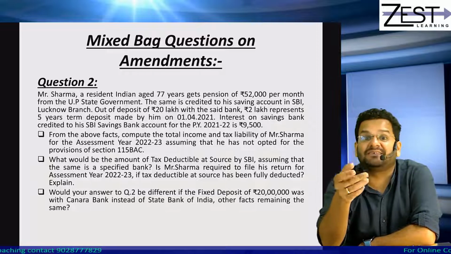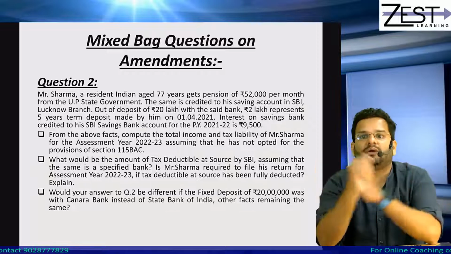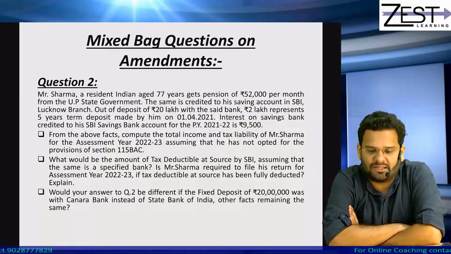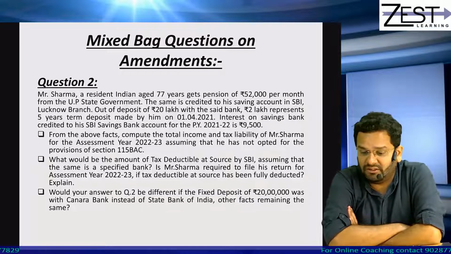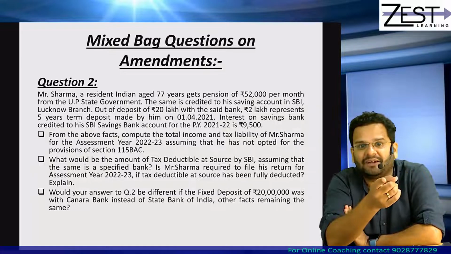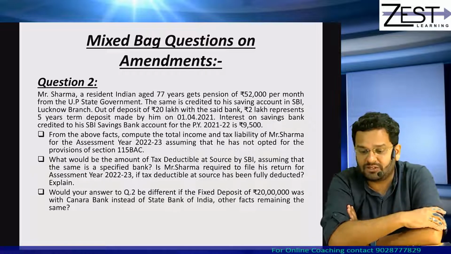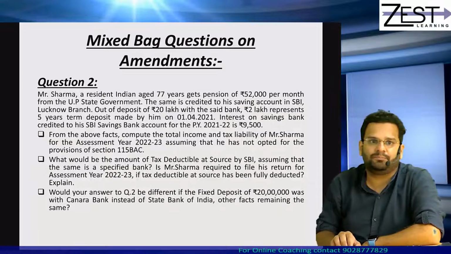So obviously the answer is no. That's exactly the whole amendment about 194P. Correct? And would your answer to question 2 be different if the FD of 20 lakhs was with another bank, that is Canara Bank, instead of SBI?